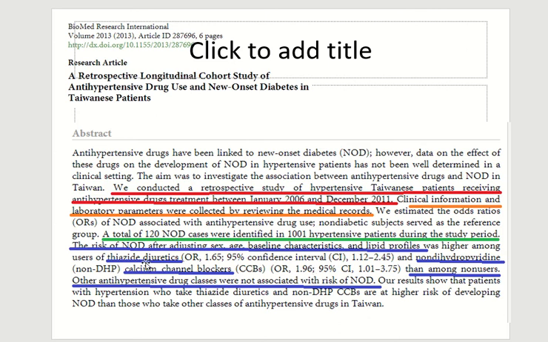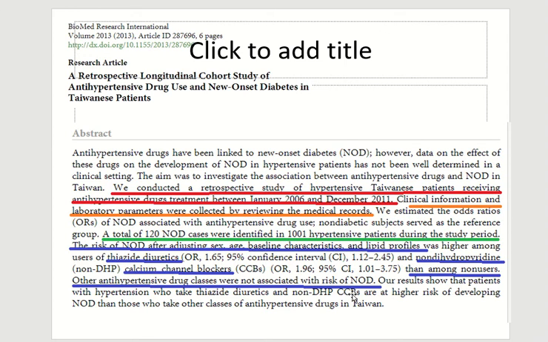So we are comparing the users to the non-users. That's typically what's done in a cohort. We're always comparing exposed to the non-exposed. Other antihypertensive drug classes were not associated with the risk of the NOD. So they only found an association in two, the calcium channel blockers and the thiazide diuretic.